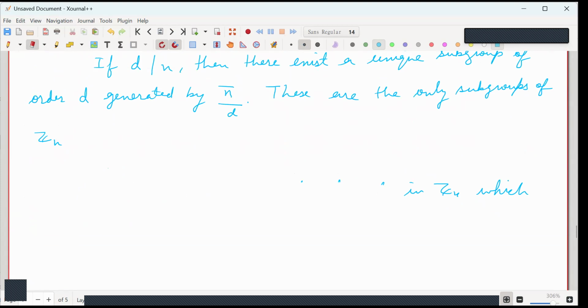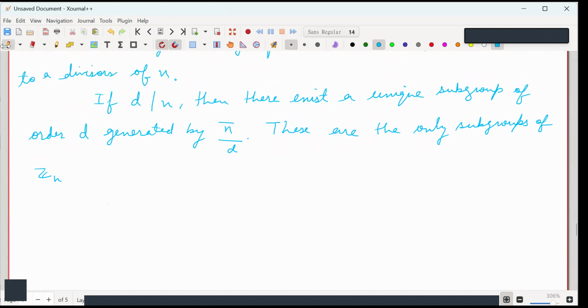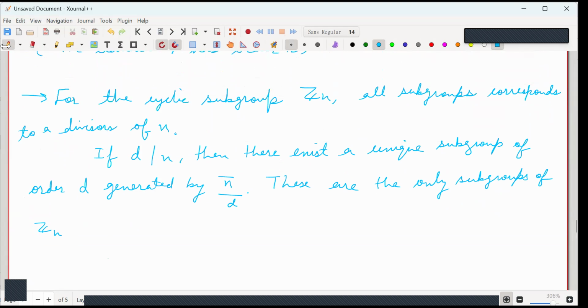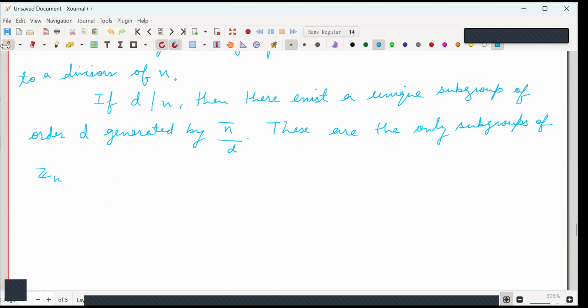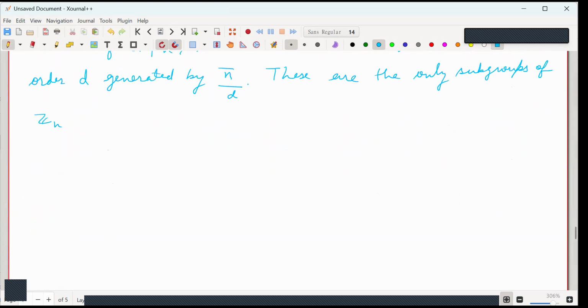And maybe we can move to the next question of the practice assignment. This is also the last question in this practice assignment.